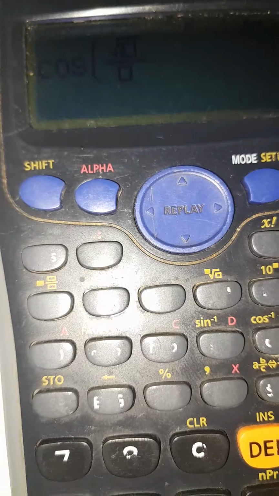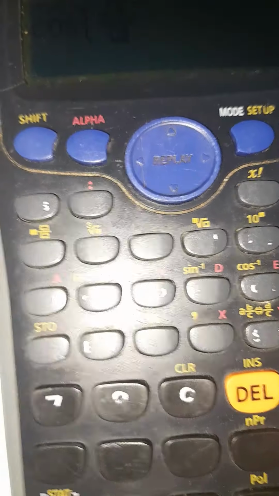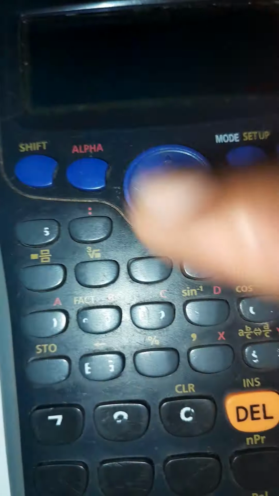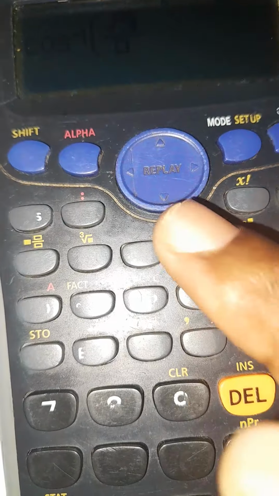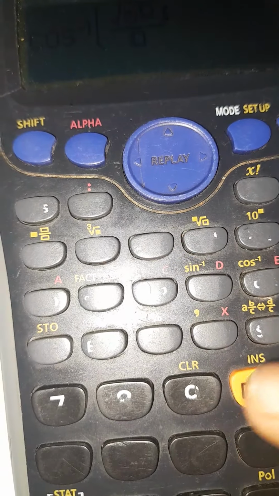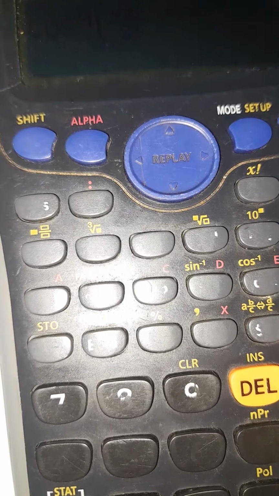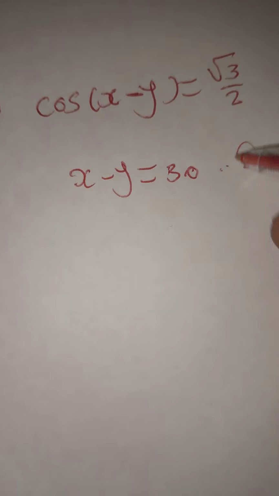Second function, cos inverse of √3 divided by 2, that's 30. So we can name this equation 2.